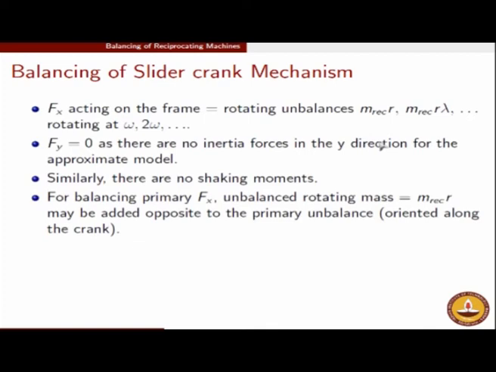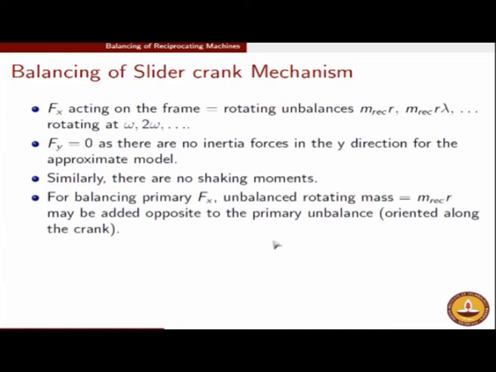If it is a rotating unbalance which is m rec r, then if we add a counterbalance to it of the same magnitude m rec r, we should be able to balance this situation. So if we add a counter mass which is m rec r, oriented along the opposite direction of the primary unbalance, then we will be able to completely balance this situation.